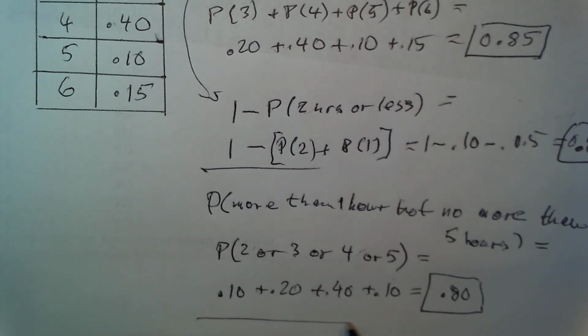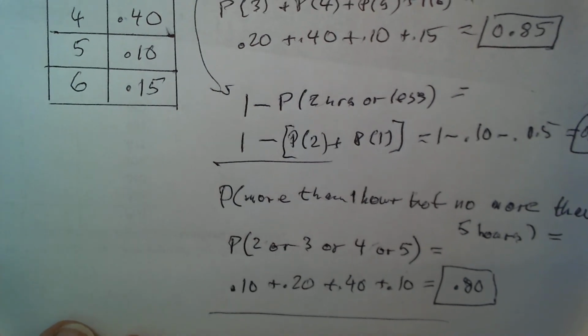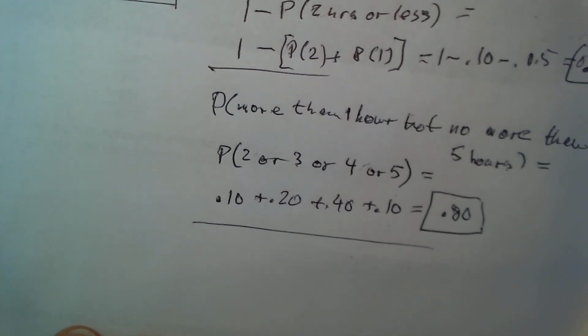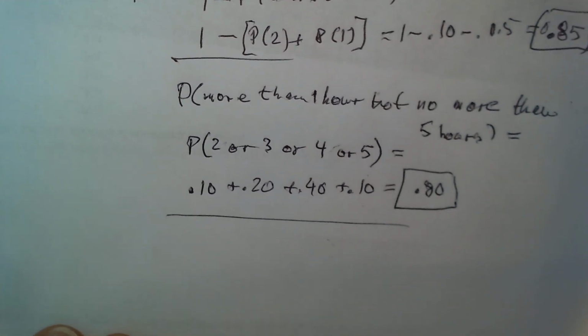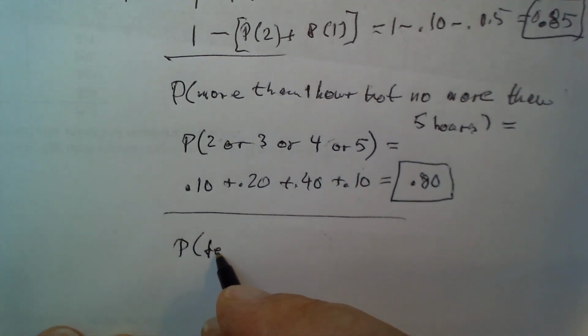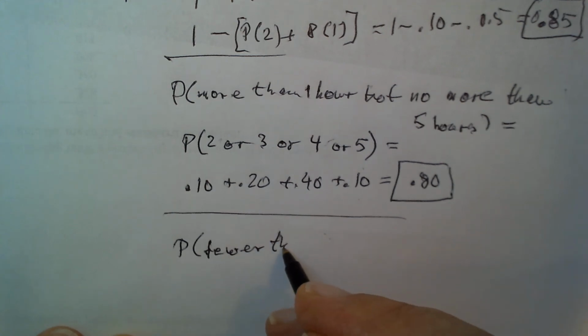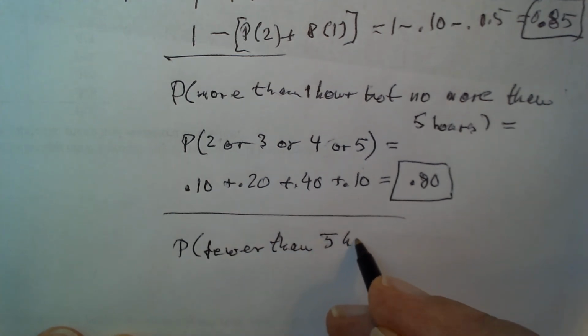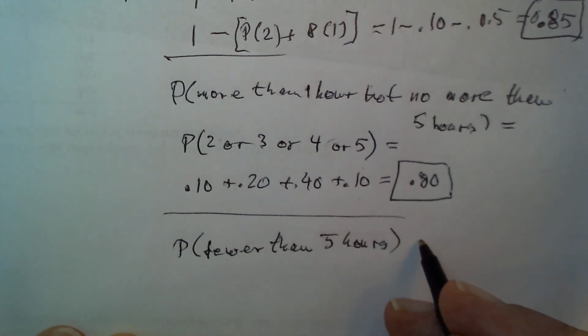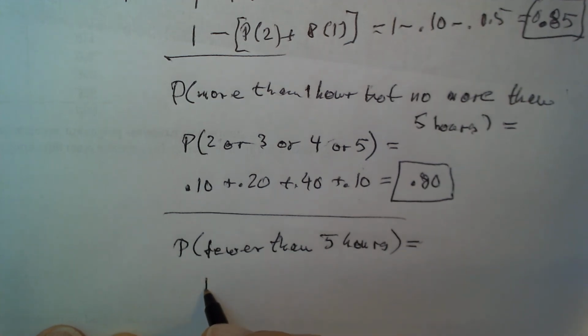And the last question would be, what is the probability of that student studying fewer than 5 hours? So the probability of fewer than 5 hours. So here we use a complement, and we find out that it's 1 minus the probability of 5 or more hours.